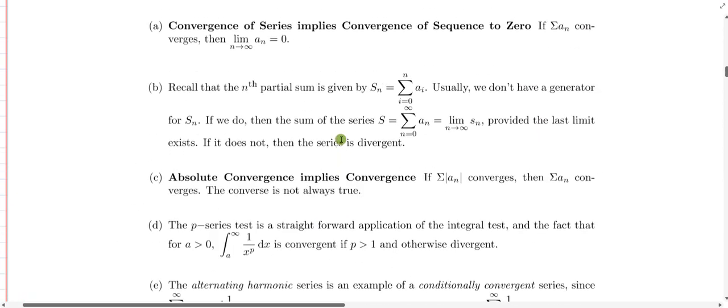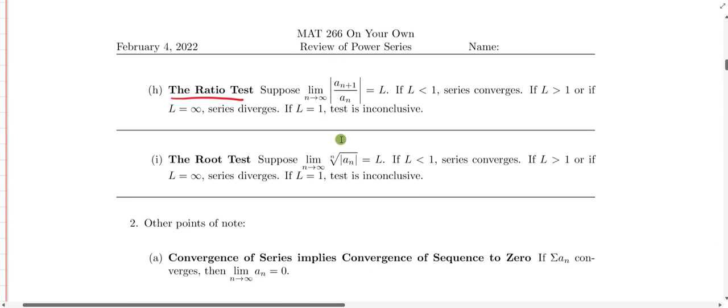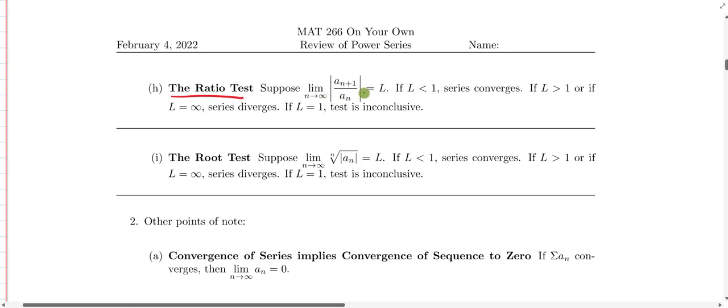Here we have our ratio test. And if the limit comes out to be a number, or if it comes out to be infinity, we can make some statements. So if the limit comes out to be a number smaller than 1, then we can conclude that the series converges. If the limit comes out to be something greater than 1 or is divergent, then the series diverges. And if the limit is 1, then the test is inconclusive.